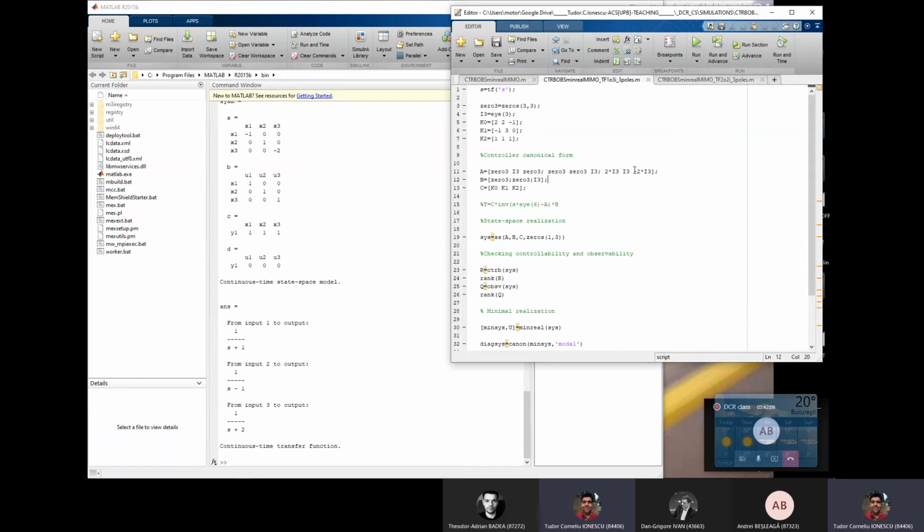Yeah, it's not stable because here we use minus instead of a plus.